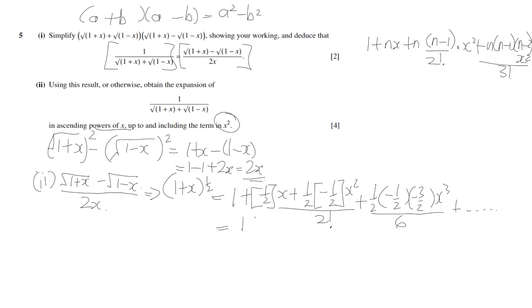This will give me 1 plus half x, and minus, negative 1 over 4 divided by 2 is negative 1 over 8 x squared.